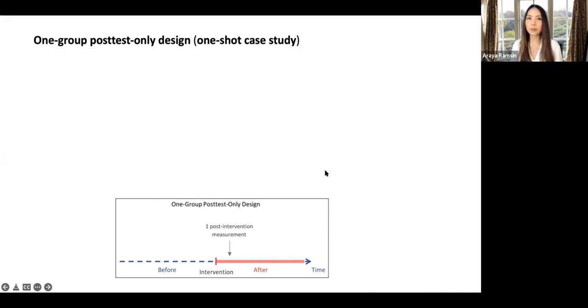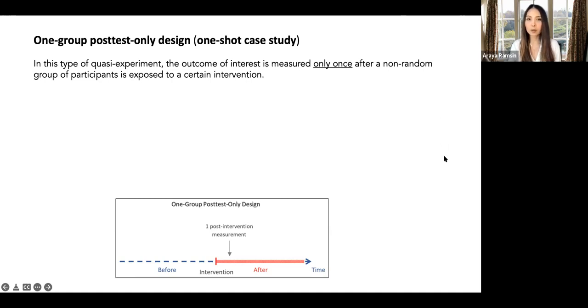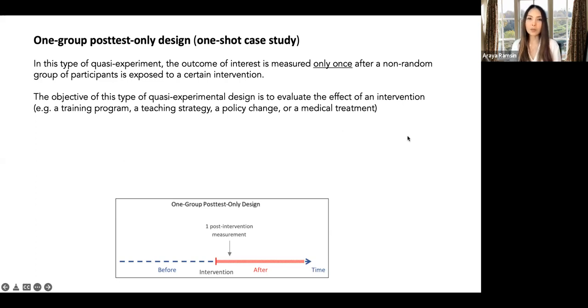One group post-test only design, or one-shot case study. In this type of quasi-experimental design, the outcome of interest is measured only once after a non-random group of participants is exposed to a certain intervention. So after, not before. The objective of this design is to evaluate or measure the effect of the intervention, such as a training program, teaching strategy, policy change, or a medical treatment.